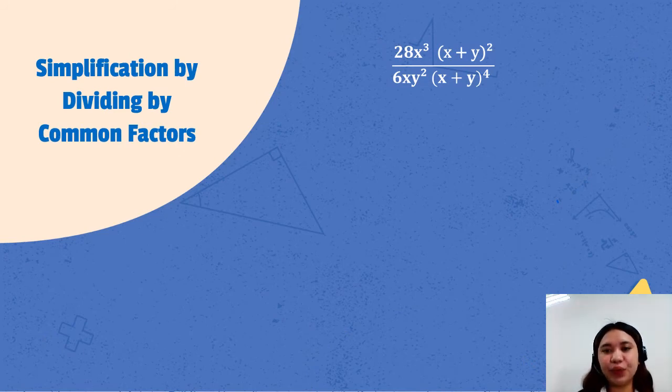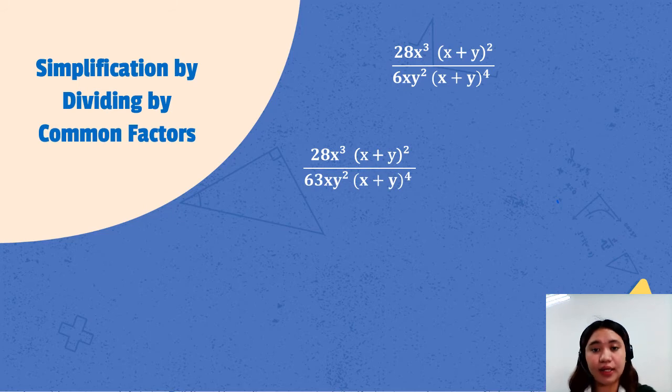Next, we have 28x cubed (x and y) squared all over 63x (x and y) raised to 4. So we have 28 and 63. You need to think of one number that you can divide both 28 and 63 by.